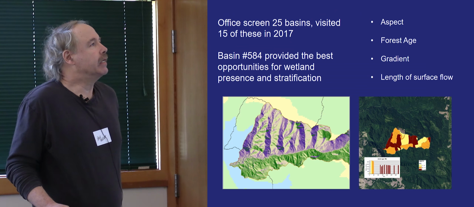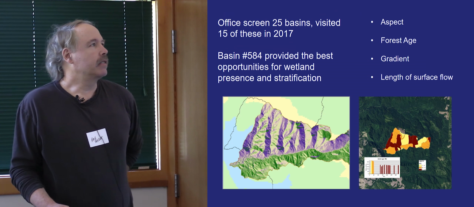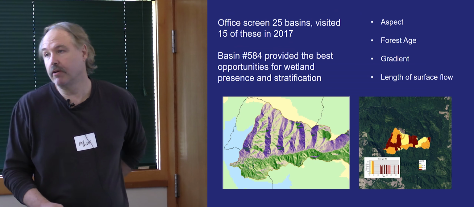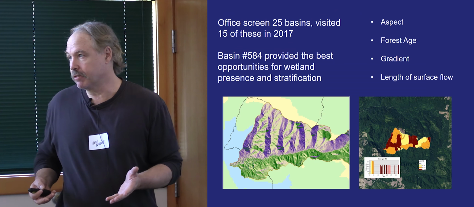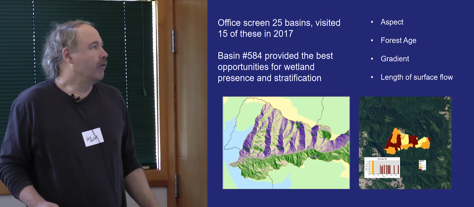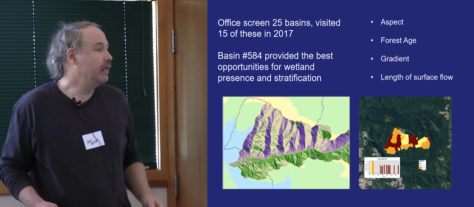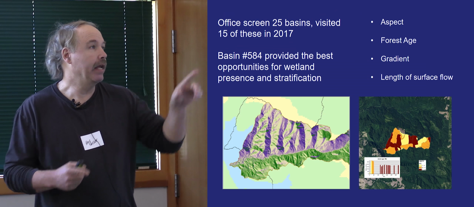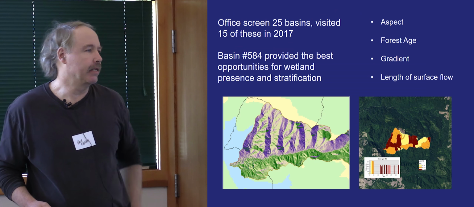We did a screen last summer, looked at 25 basins, visited 15 of these, went out in mid-September when usually the stream channels are at their lowest. If you go out there in the spring, everything is wet. So Basin 584 rose to the top because it had exactly what we were looking for in terms of things that we can stratify in terms of aspect, forest age and gradient, and length of surface flow.